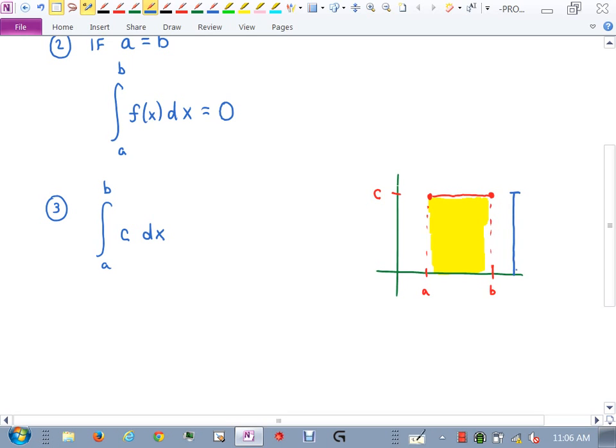This side here is c, right? That's the height. And this is a rectangle, right? The area of a rectangle is the height times the width. I know this side is c. How wide is it? b minus a. So this side right here would be b minus a. And so this should be c times b minus a.